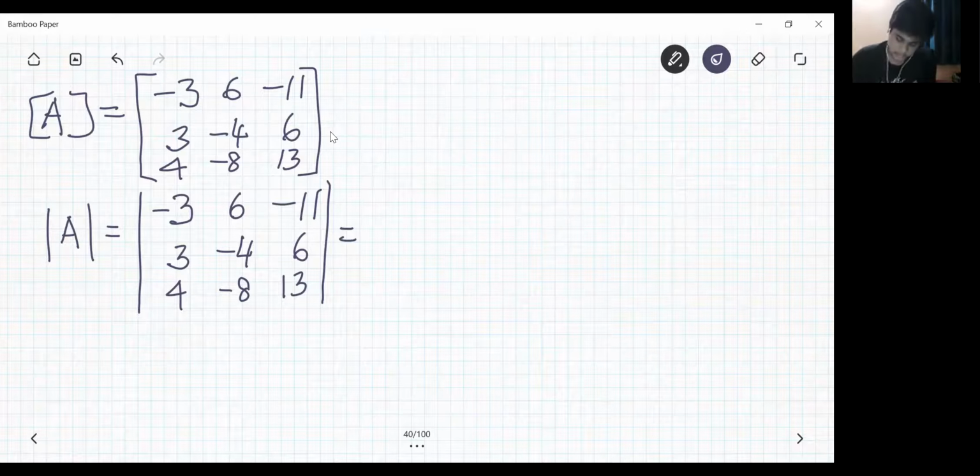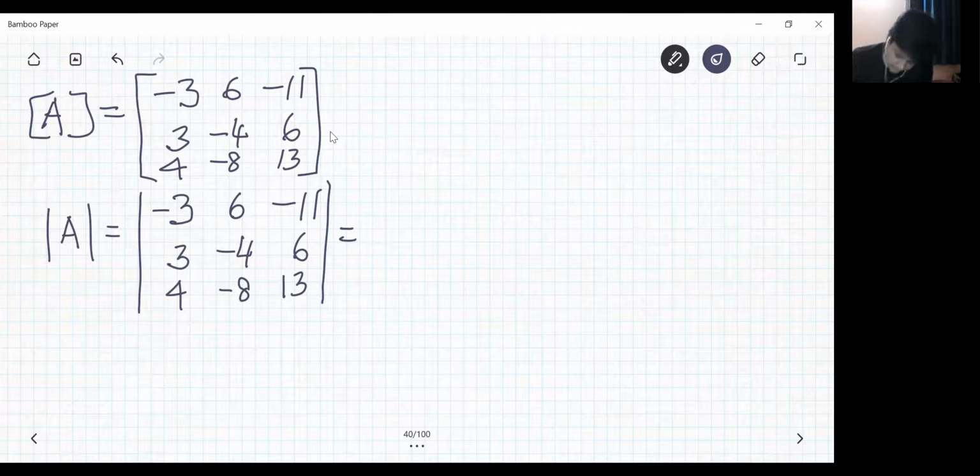Determinant A is equal to, enclosed in two vertical lines. Determinant A is equal to minus 3 into the determinant of minus 4, 6, minus 8, 13, minus 6 into the determinant of 3, 6, 4, 13, plus minus 11 into the determinant of 3, minus 4, 4, minus 8.